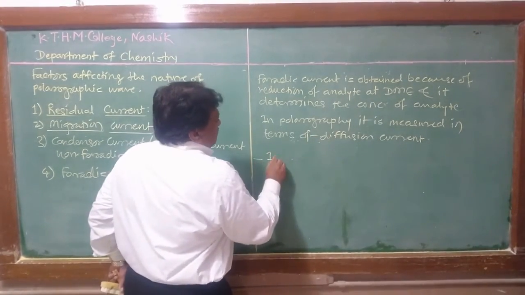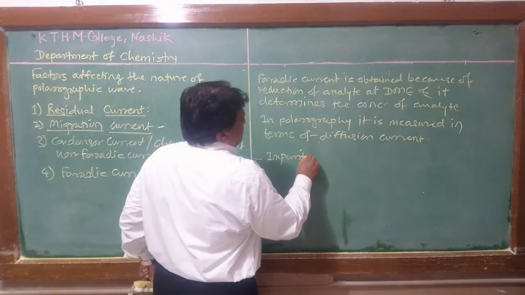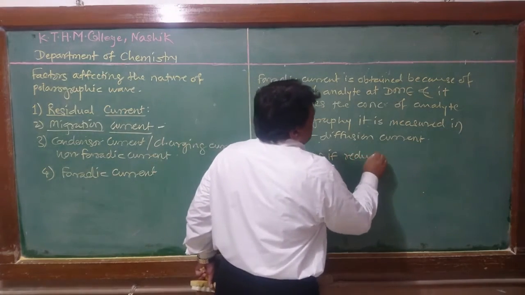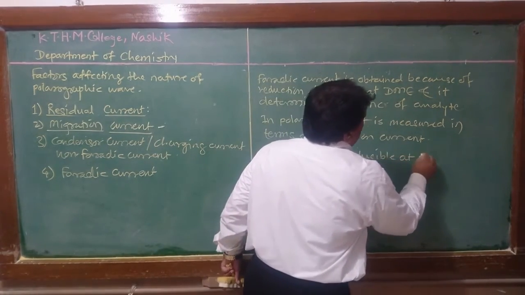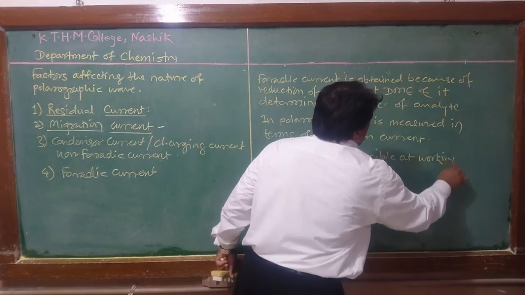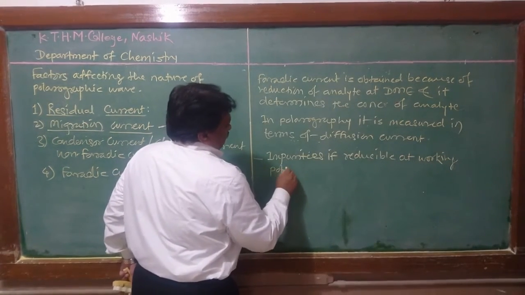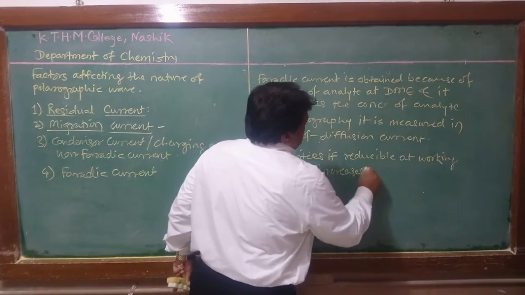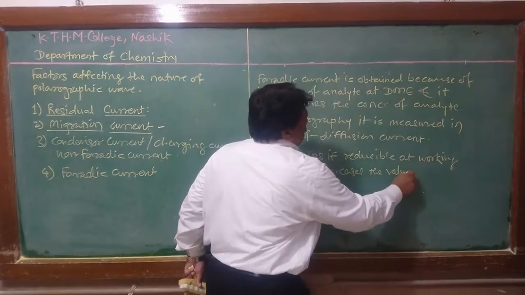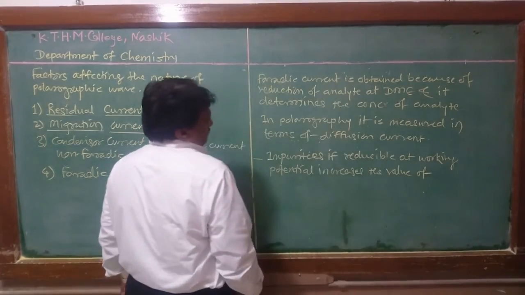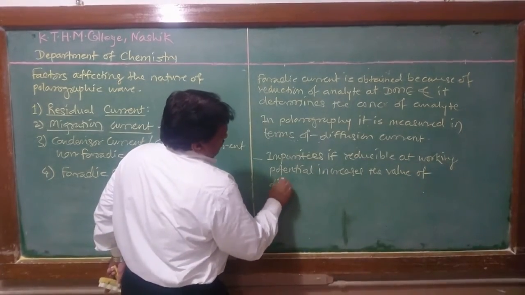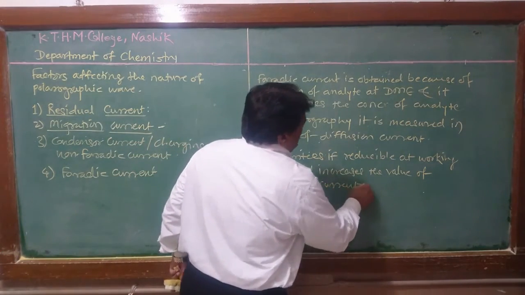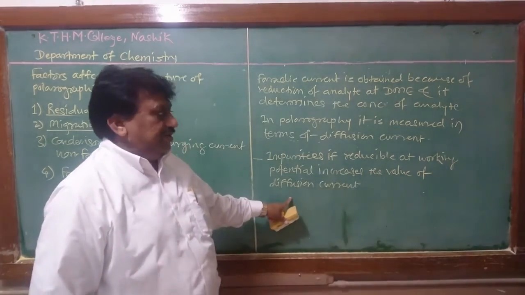Therefore, impurities, if reducible at working potential, increase the magnitude of this diffusion current, and hence the concentration is found to be more than actually present in the solution.